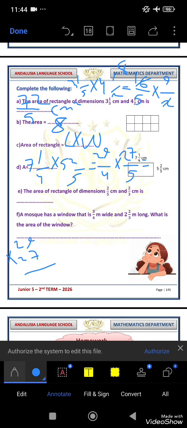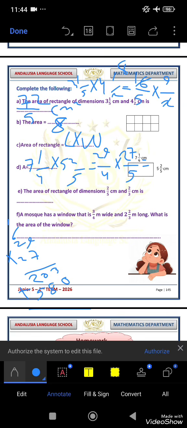In my draft here, 9 times 7, 63, write 3 and carry 6. 2 times 7, 14, and 6, 20. Put 0 down. 9 times 2, 18, carry 1. 2 times 2 is 4 and 1, 5.